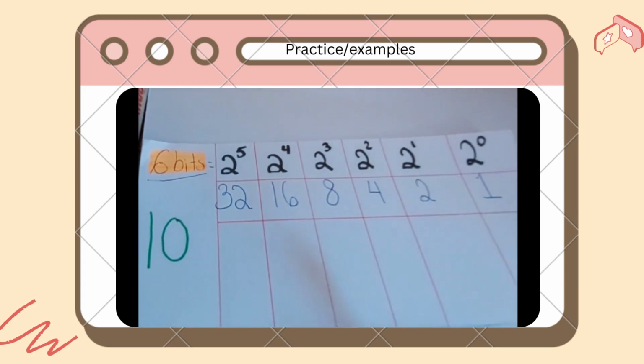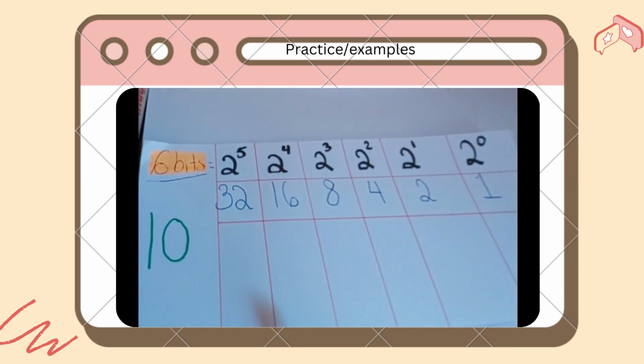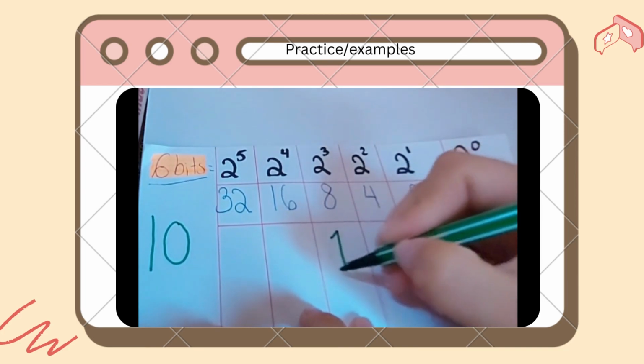So in this practice, we'll be finding the number 10 and converting it into binary. Here in the table, we can see that there is no actual 10, but there are two numbers that add up to 10, and these two numbers are 8 and 2. So 8 plus 2 equals 10, and since these are the only numbers you need, you place a 1 underneath them.